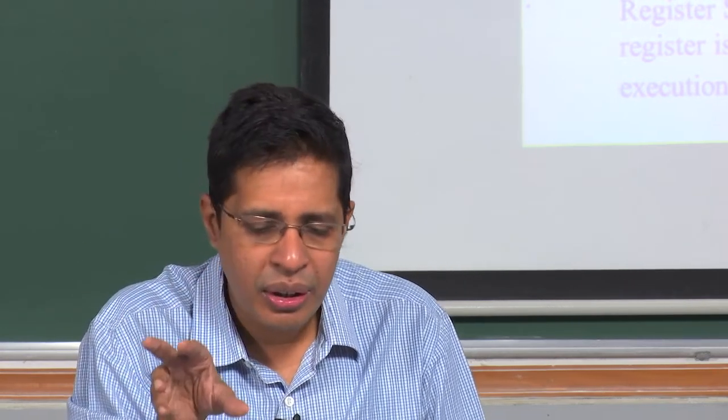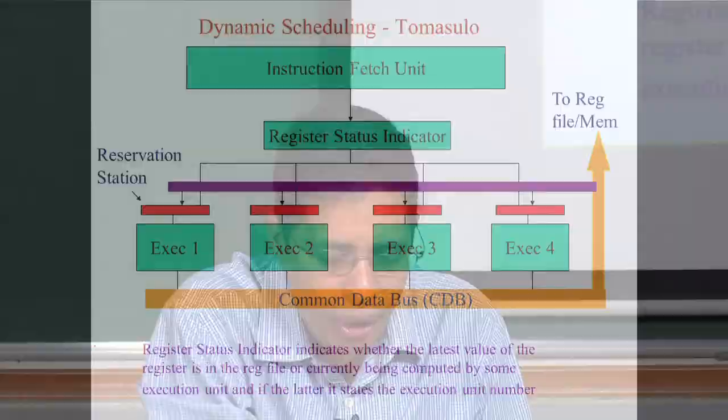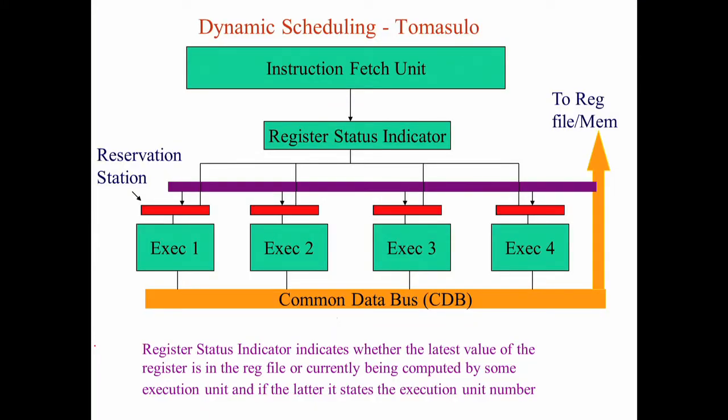Let me read out that magenta statement down. Register status indicator indicates whether the latest value of the register is in the reg file or currently being computed by some execution unit, and if the latter, it actually stores the execution unit number.